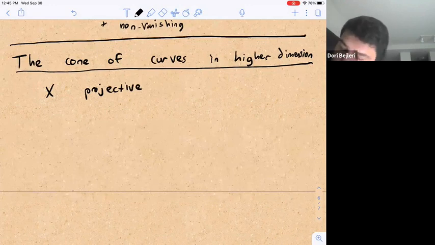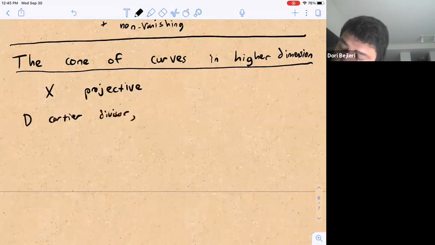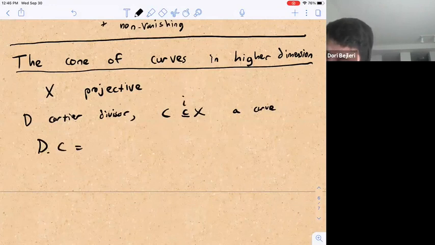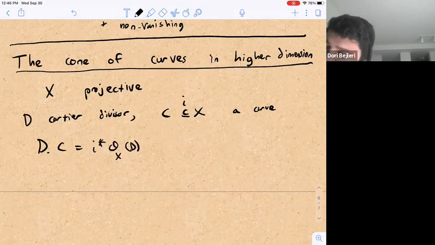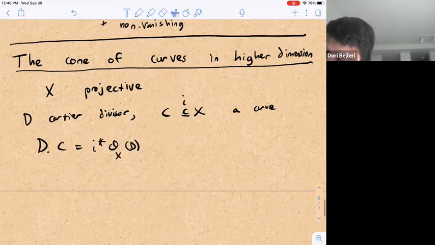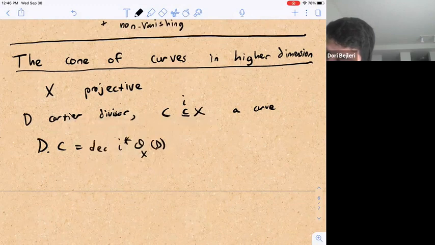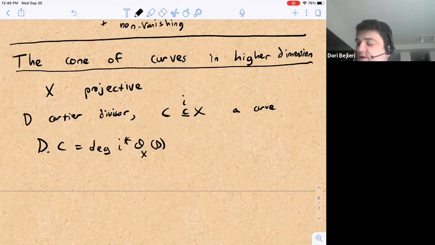Then we can still define for D a Cartier divisor and C a curve, this intersection product just like we did before, where we look at this embedding and we take the pullback of the line bundle OX of D under this embedding and take its degree. So that gives us the intersection product between divisors and curves in general.